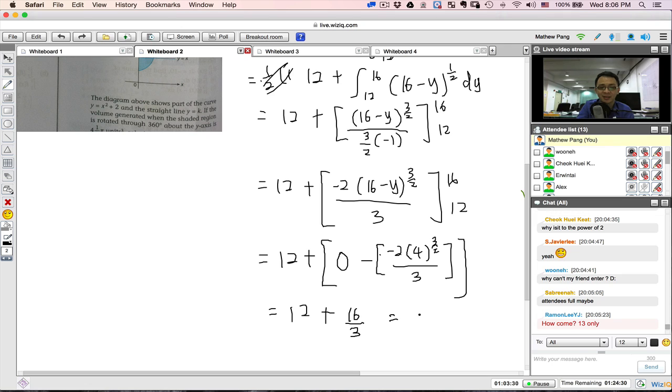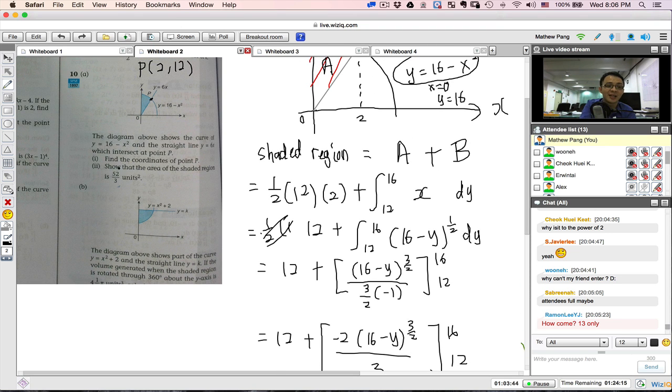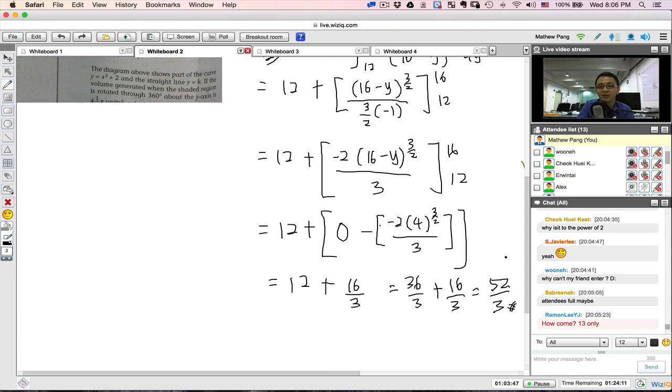Therefore my answer is 12, make them have the same denominator, will be 36 over 3 plus 16 over 3, which is 52 over 3. Done. He asked us to show that the answer is 52 over 3, so yes, I end up with 52 over 3. Do you see that? How come 13 only?